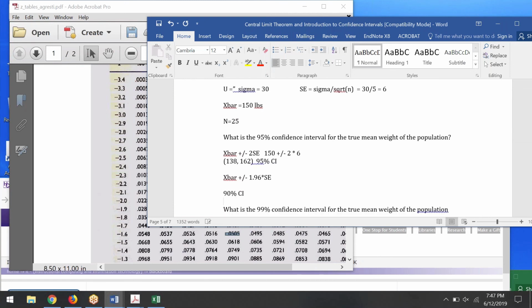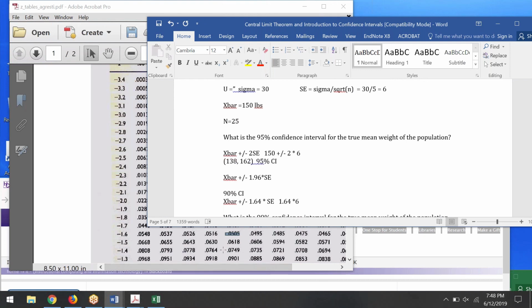So if I want a 90% confidence interval, the formula would instead be x bar plus or minus 1.64 times my standard error, or in other words, 1.64 times 6.